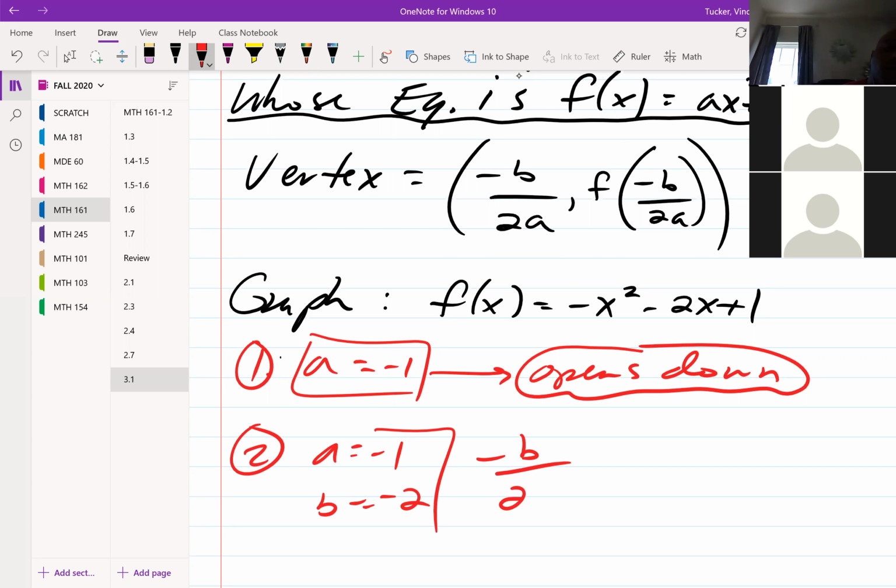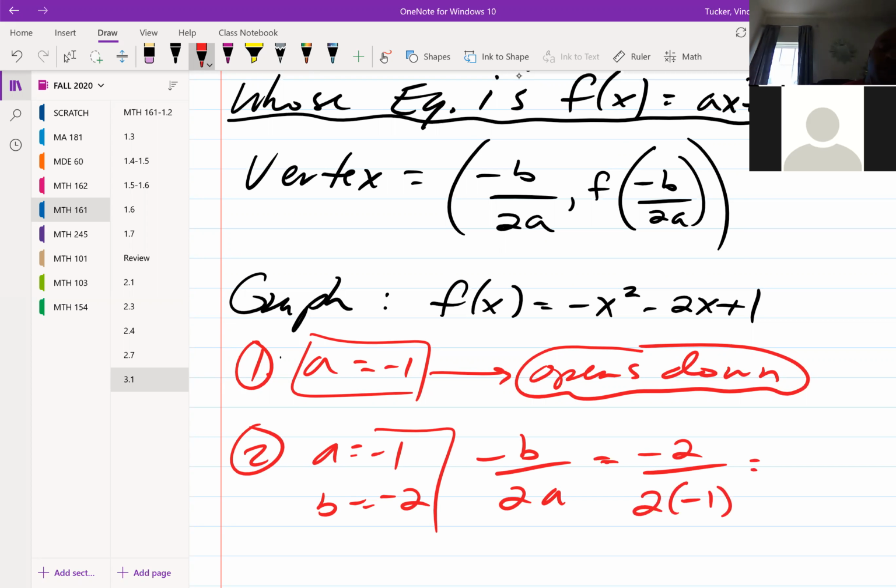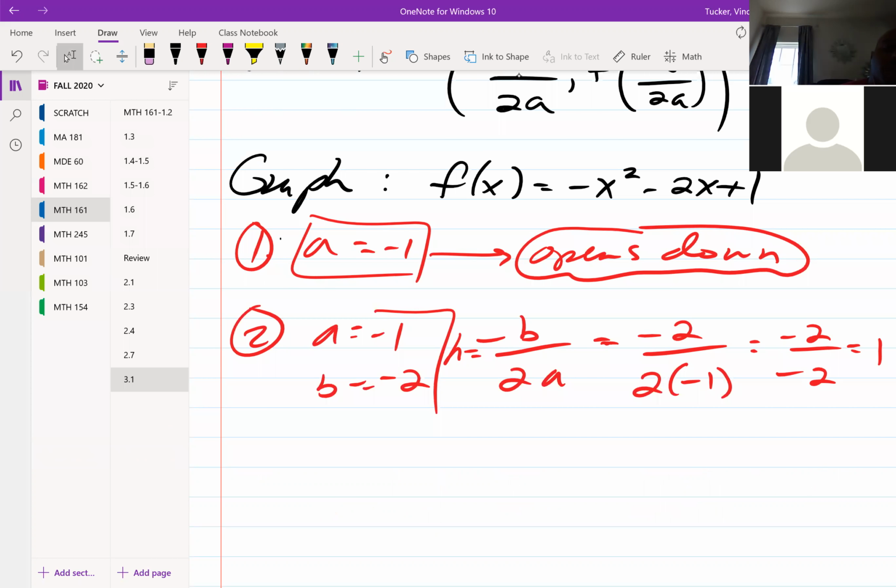So negative b over 2a is going to be -2 over 2 times -1, which would be +1, and I probably should have called this h.